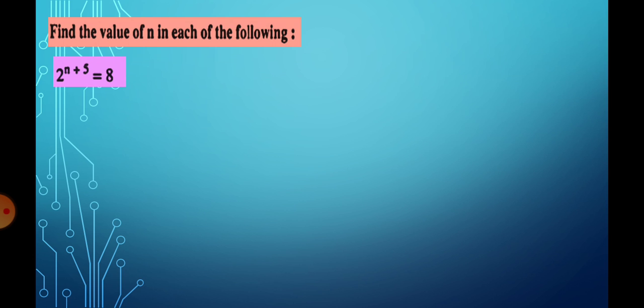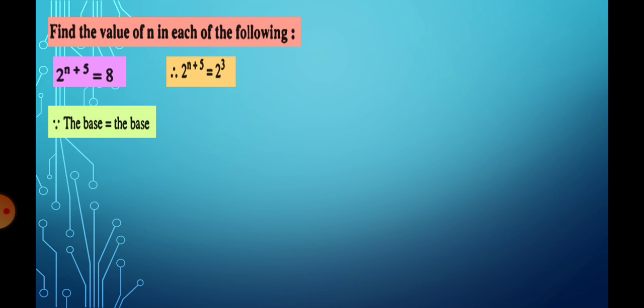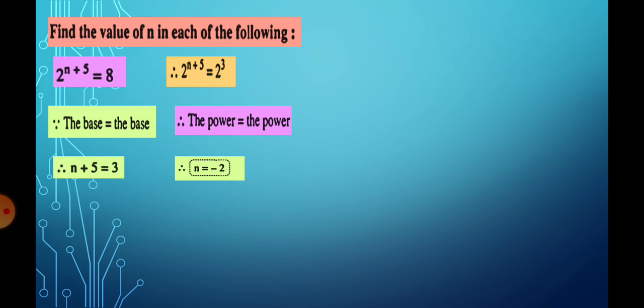We know 8 equals 2 times 2 times 2, so we can write 8 as 2 to the power 3. Here the base equals base, then the two powers are equal. Then the equation n plus 5 equals 3, then n equals 3 minus 5, n equals negative 2.